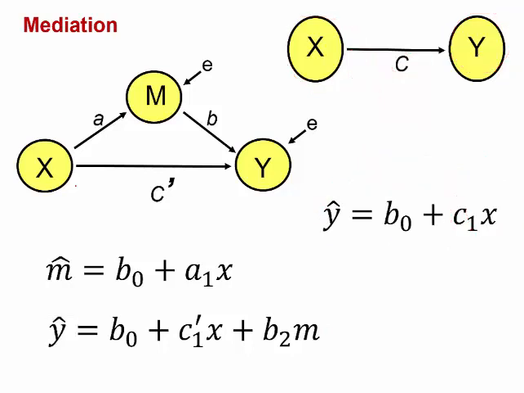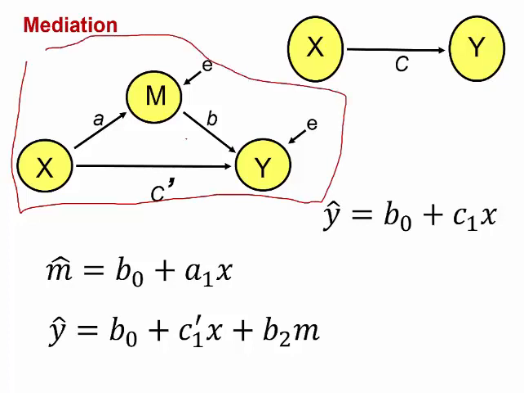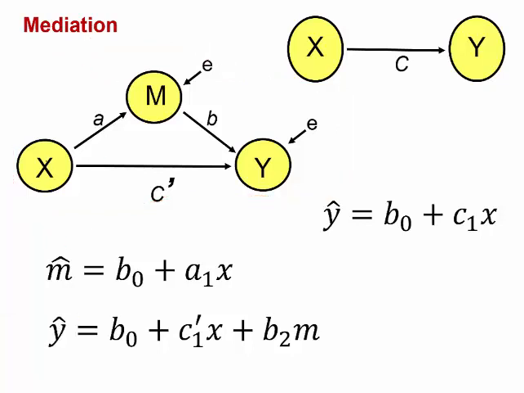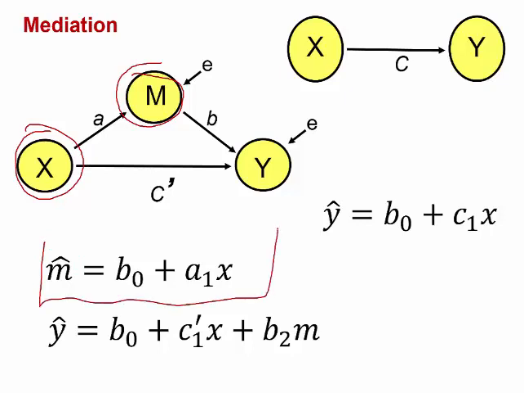And then on the left-hand side of the page, I have this triangle-looking figure, and that figure is actually showing us two regression equations embedded within that triangle. The first regression equation being depicted says that X predicts M. So I have this equation, which I put the box around, where M hat, the predicted score on M, is equal to intercept plus a slope times X, and I'm going to label this slope A, which I labeled right here.